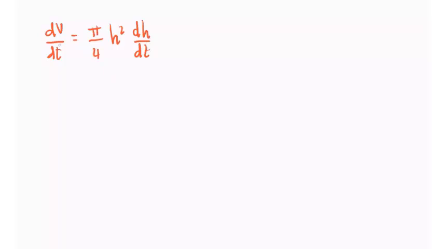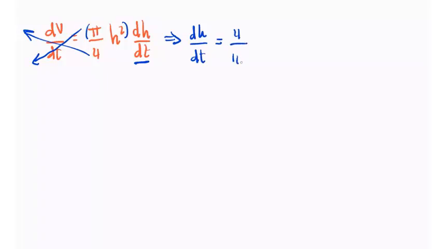I'm gonna send this 4 to multiply to the other side of the equation, and this pi h squared I'm gonna send to divide. That way I clear this term dh/dt, because I want to have that term alone by itself. So dh/dt is equal to 4 over pi h squared times dV/dt.